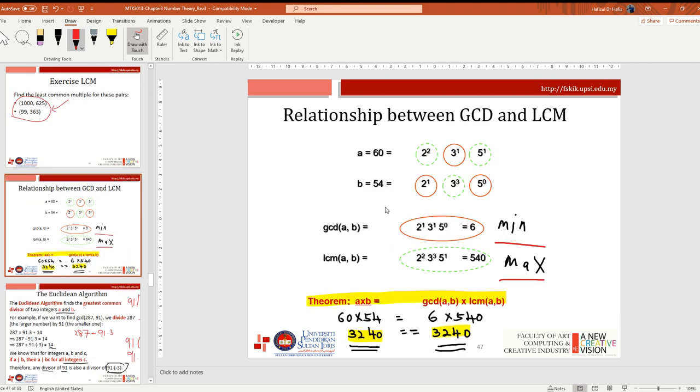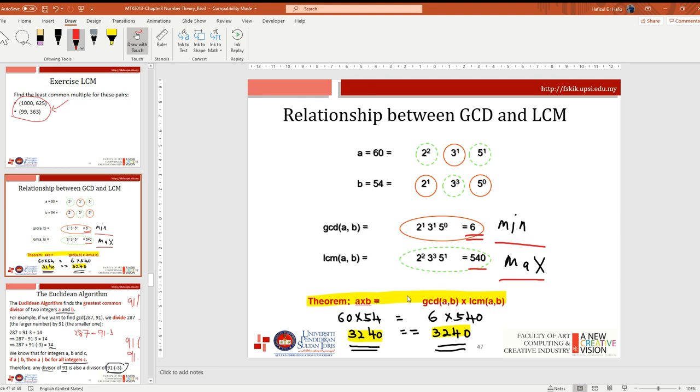Okay, this one is the relationship between GCD and LCM. For GCD we choose the minimum. For LCM, least common multiple, we choose the maximum. That's why we got 540, and then this one we got 6.